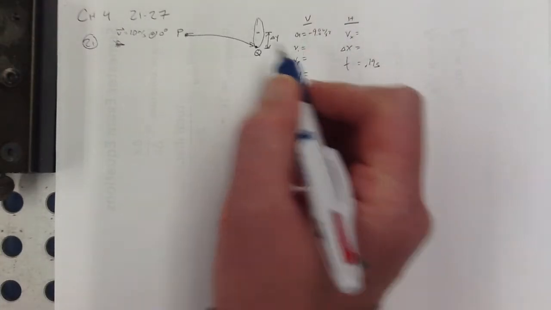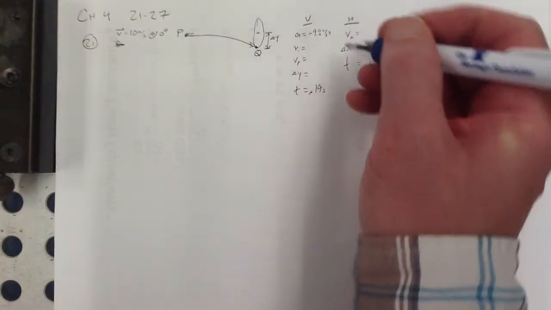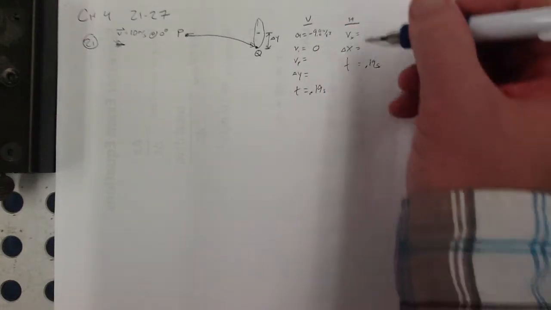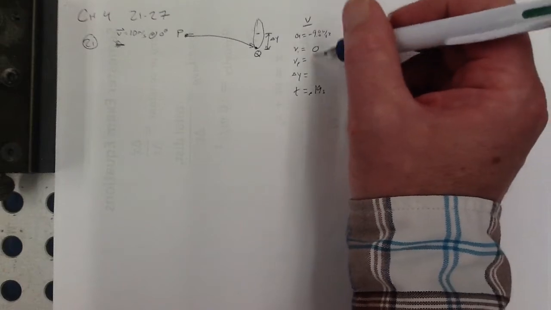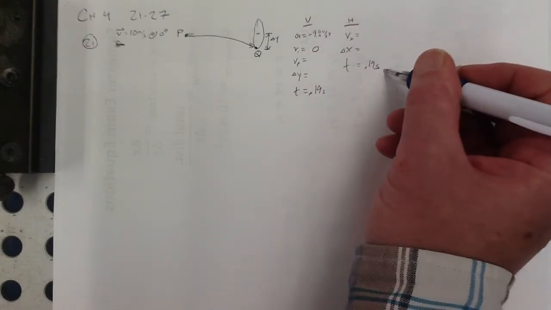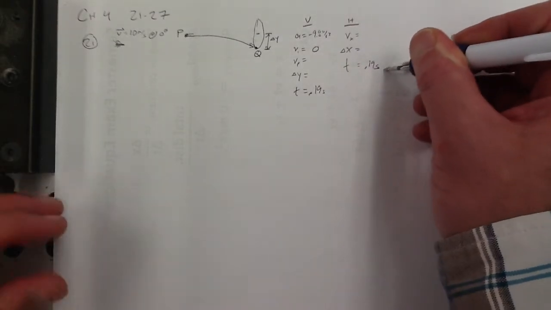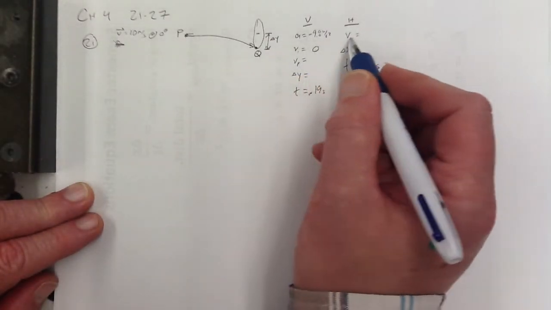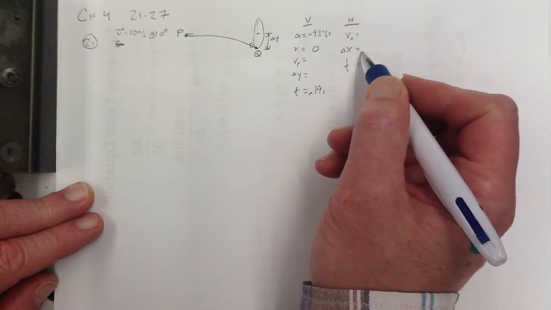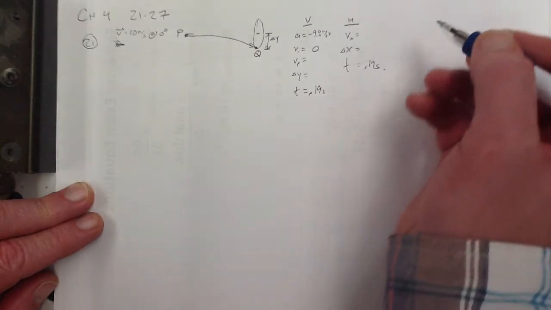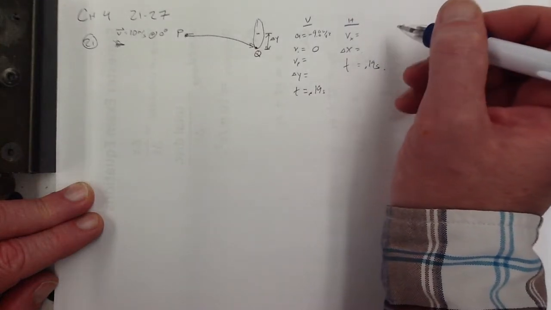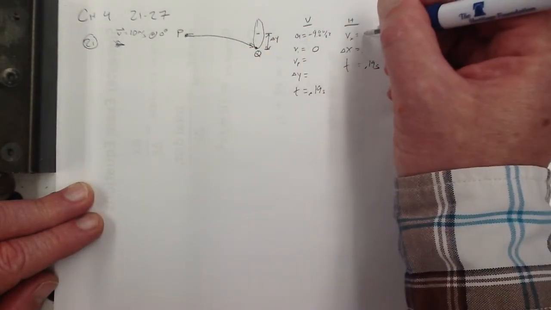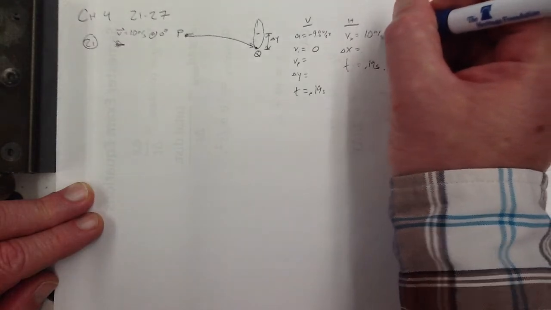And I do know the initial vertical velocity, since it's a horizontal launch. This is 0. So I do have 3 things here, which means I can find a fourth. Now I already have the time here, so let's see what we can do. Oh, and I know that, sorry, I do know this. There's my 10 meters per second.